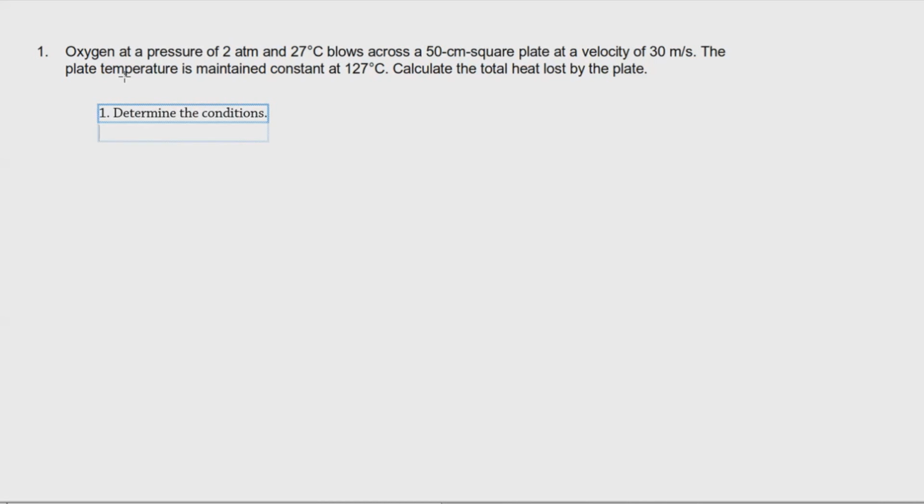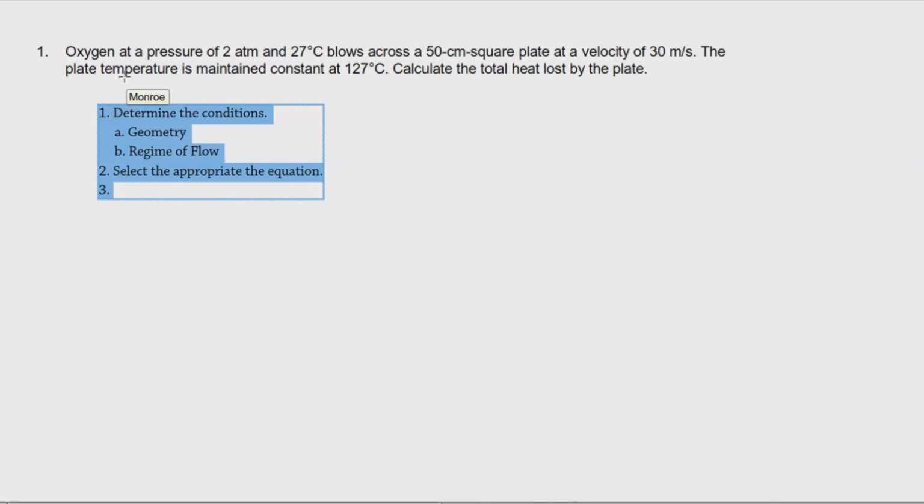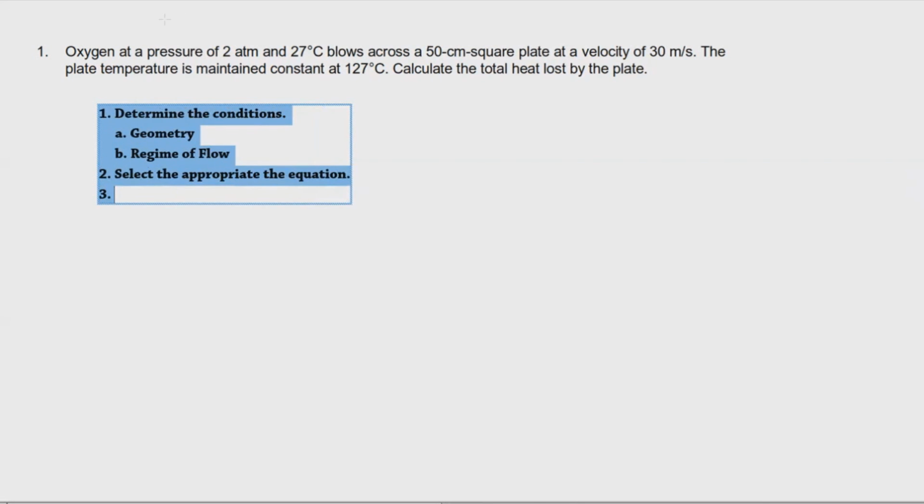So when we talk about determining the conditions, we need to find the geometry, that is where this fluid flows, whether it's external or internal, and then of course the region of flow. So that's the condition that we need to understand first, and then after determining those 2 points, we select the appropriate equation. And this is very important, since if we select the wrong equation, then of course we won't get the correct answer.